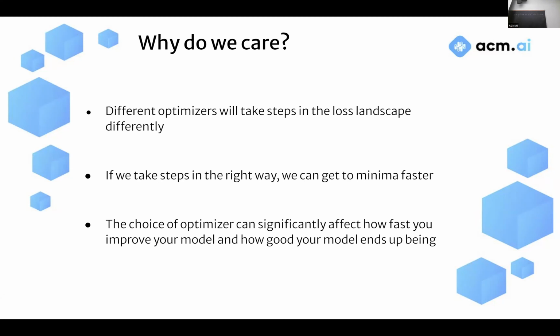But the problem is that different optimizers take these steps in different ways, and there are better ways and worse ways to take them. The basics are to calculate the gradient and then take a step in relation to that and the learning rate. But optimizers can be more sophisticated than that, so that we can get better performance out of them and get to the optimal results faster, or even get more optimal results.